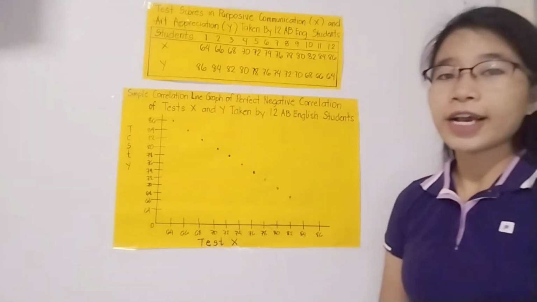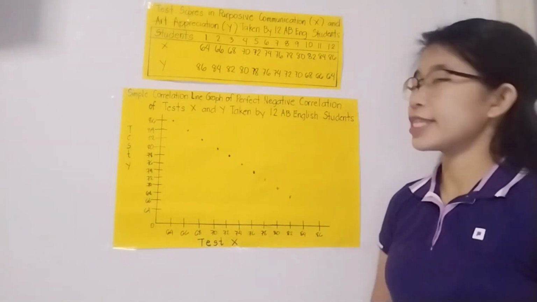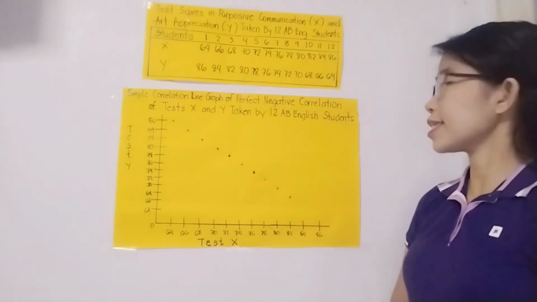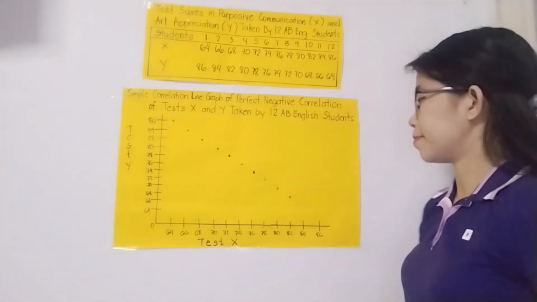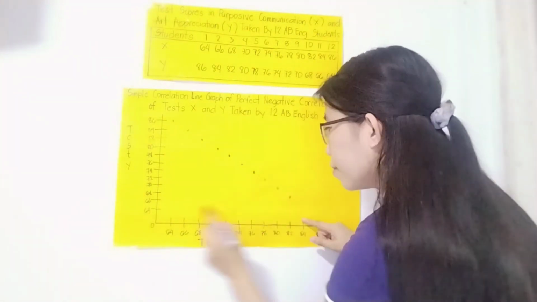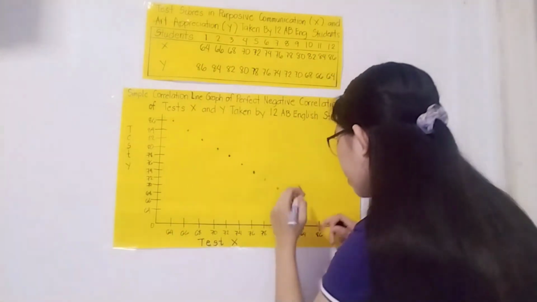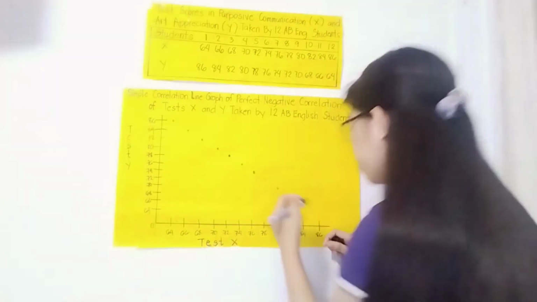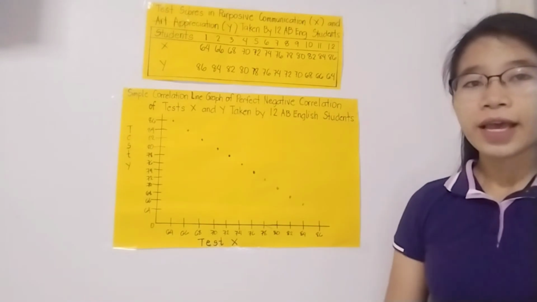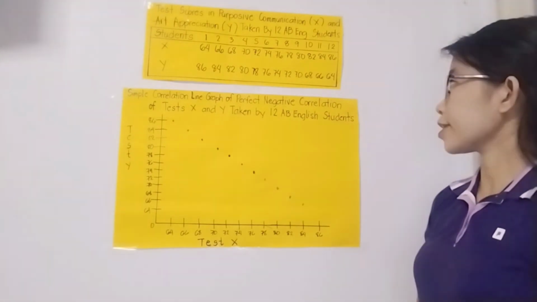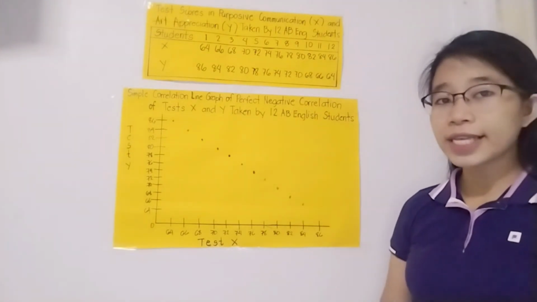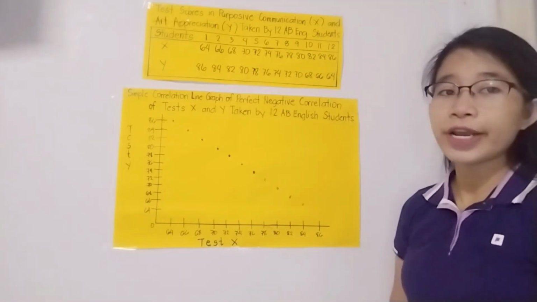Student 11 got the score of 84 in test x and 66 in test y. And lastly, student 12 got the score of 86 in test x and 64 in test y.